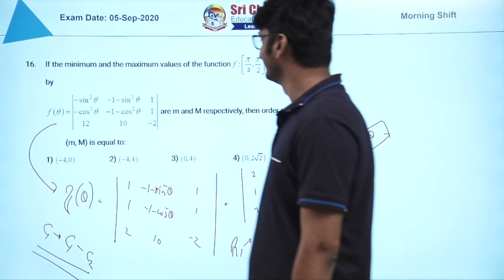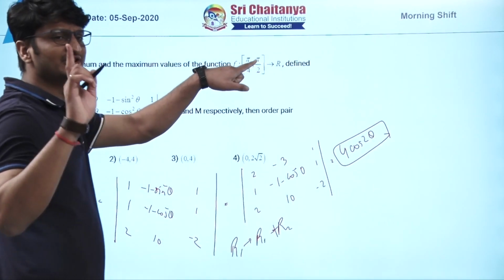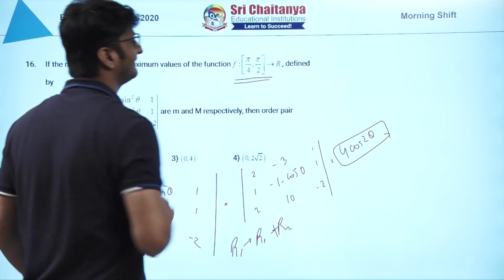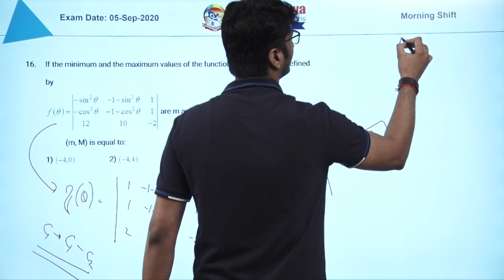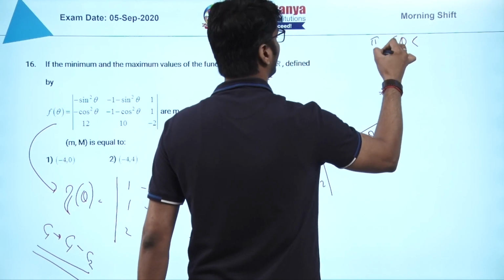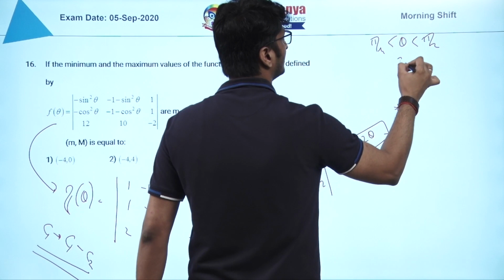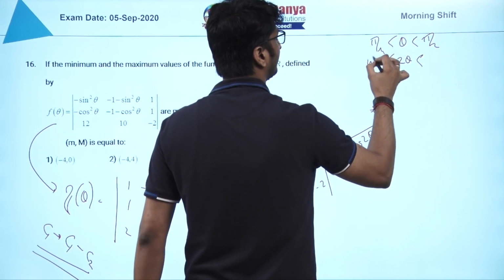Now you can simplify it easily, but the domain of theta is restricted from pi by 4 to pi by 2. So here if theta is from pi by 4 to pi by 2, 2 theta will be from pi by 2 to pi.